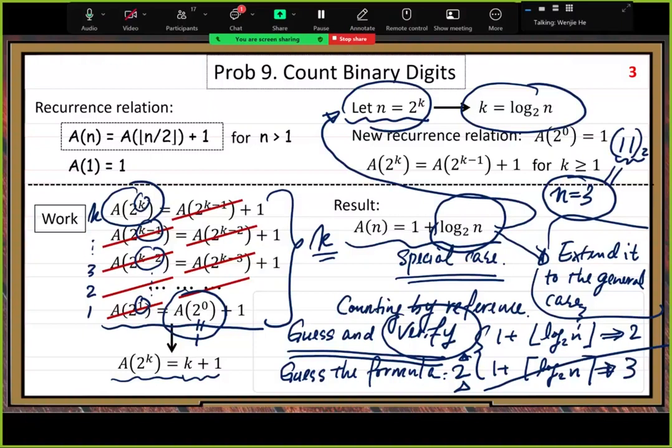You made your best guess, but that's not a proof. The guess cannot be a proof. So you need to prove it. I won't do the proof here. It can be proved, but to prove it, we need to apply another important method called mathematical induction.